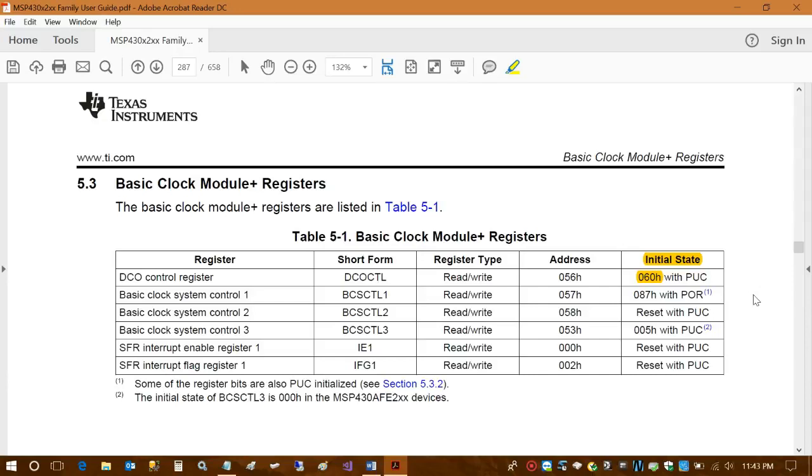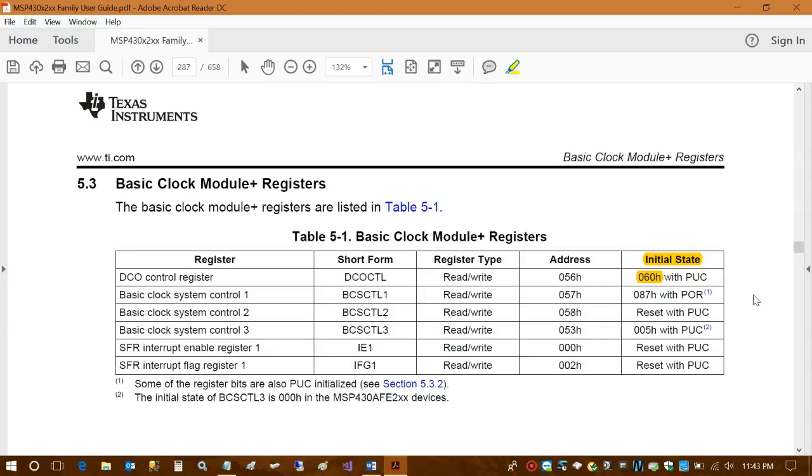But the main thing that is very important is that your clocking system has to be perfect. That's the reason why I am discussing the BCM as the first important topic, because your clocking module has to be perfectly configured before you can proceed to any other portion of the microcontroller.